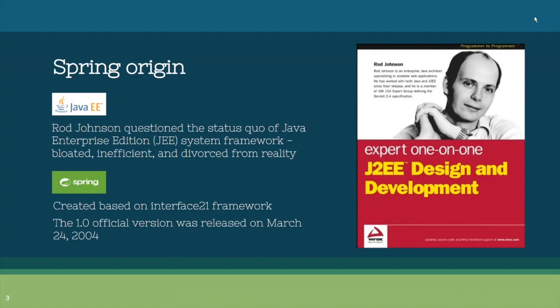Later, he created the Interface21 framework, a lightweight development framework that tries to break through traditional Java Platform Enterprise Edition development. The Spring framework is based on the Interface21 framework. After redesigning and continuously enriching its content, the 1.0 official version was released on March 24, 2004.